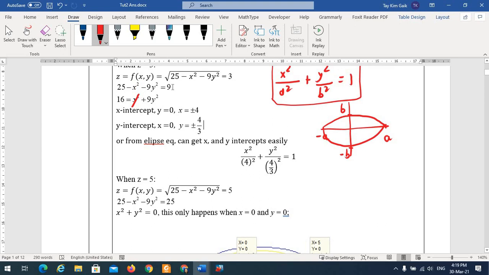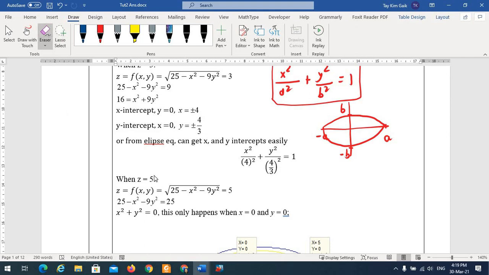Or from the ellipse equation, you can change it to this form. Or if it is difficult to change to this form, then you use this technique: x-intercept and y-intercept by letting y 0 and x 0.